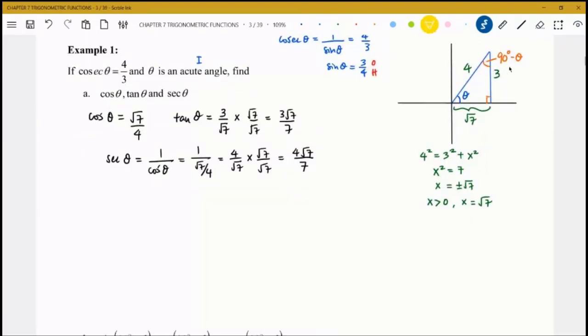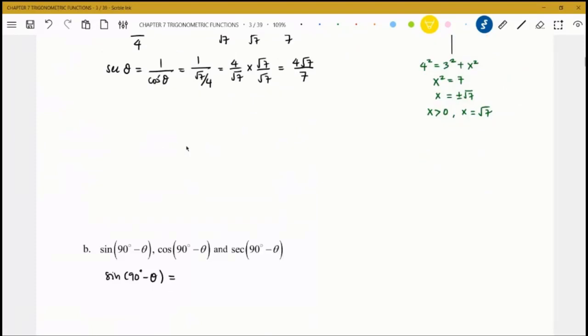So kita fokus yang ini pula. Opposite dia adalah square root 7 and then hypotenuse dia adalah 4. So directly sin 90 minus theta will be square root 7 over 4, which is the same thing as cos theta.